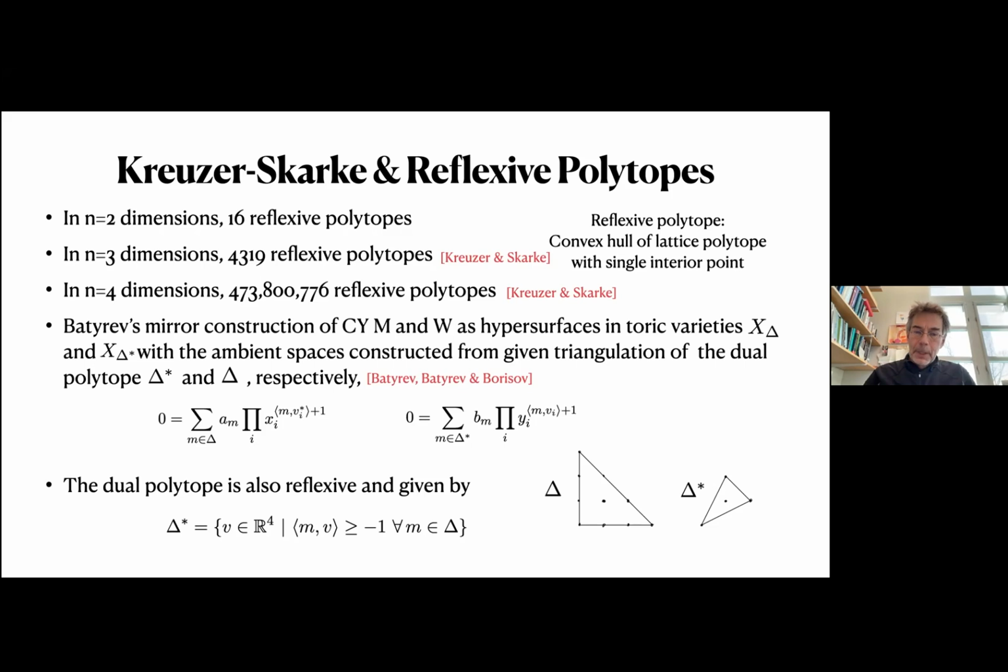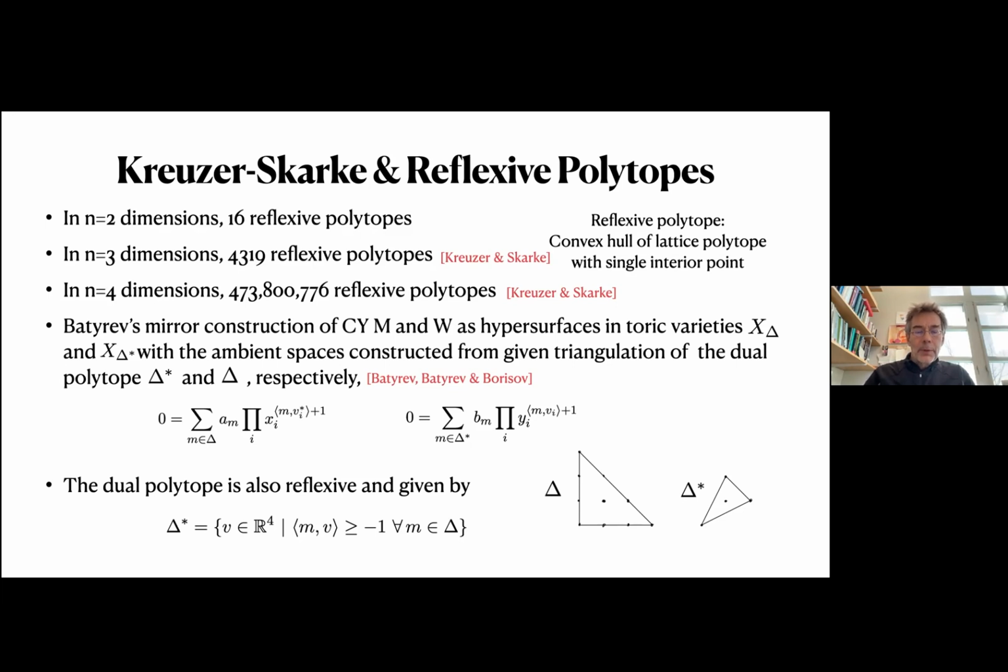And x_i here are the coordinates on the toric variety X delta, and y_i are the coordinates on X delta star, the sort of mirror ambient space. And v_i star and v_i are the vertices, or the points in general, in the dual polytope and polytope respectively. Now, what is the dual polytope?